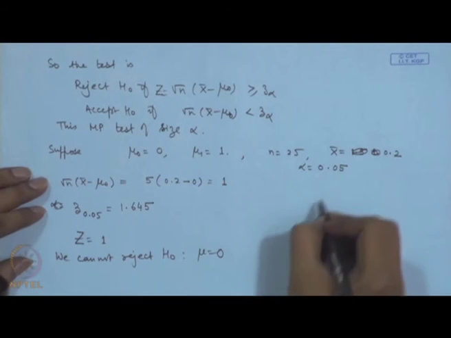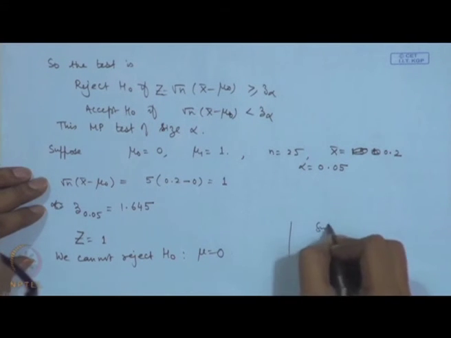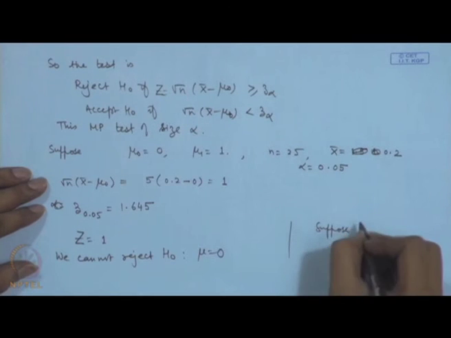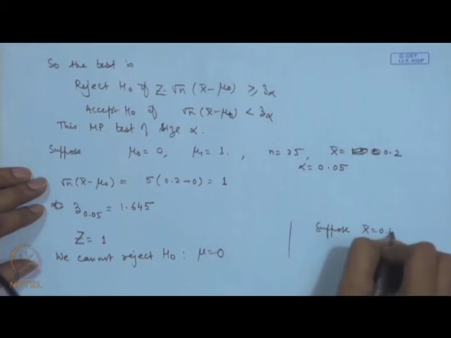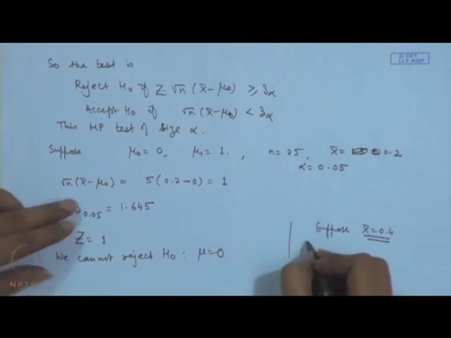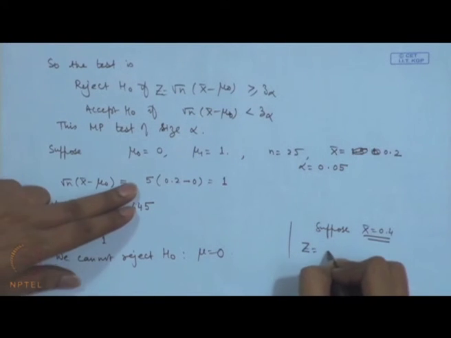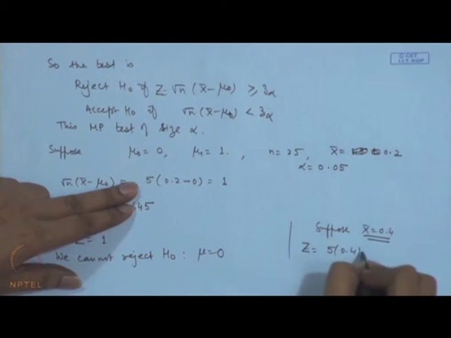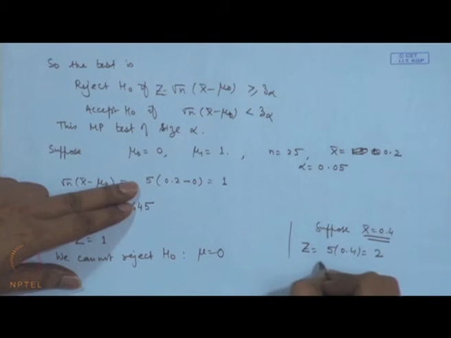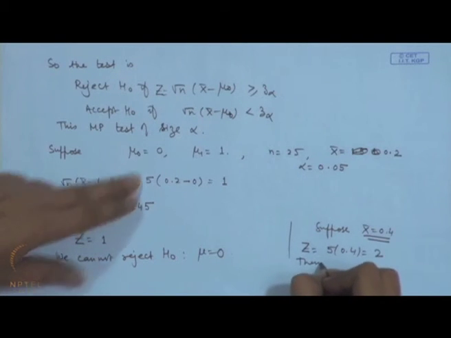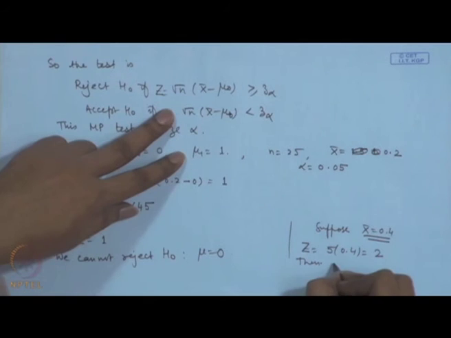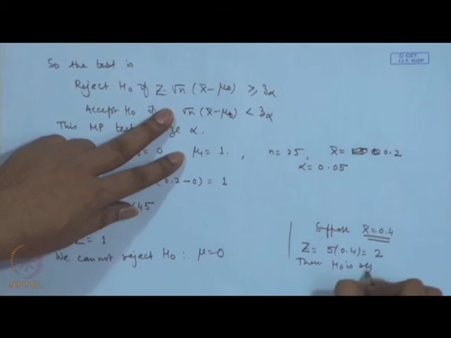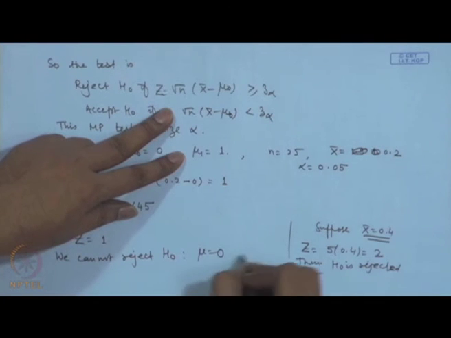On the other hand, suppose here I would have got, say, x bar is equal to 0.4. In that case, z value would be equal to 5 into 0.4, that is equal to 2. In that case, this value will be higher. So, then H naught is rejected at 5%.